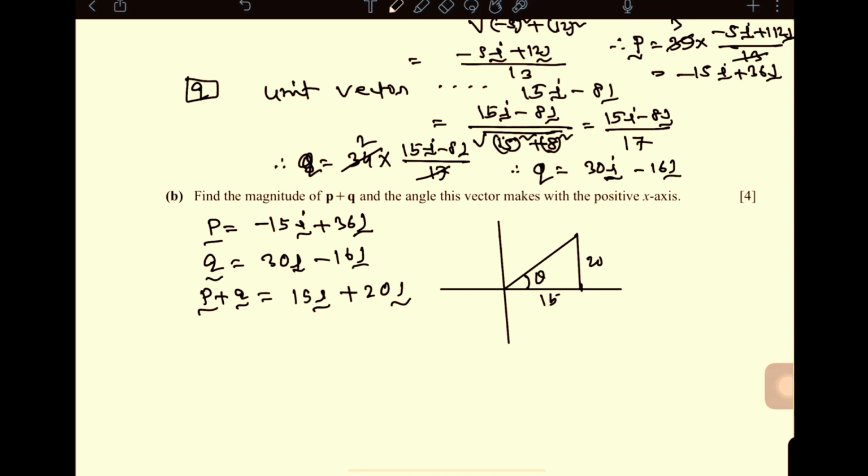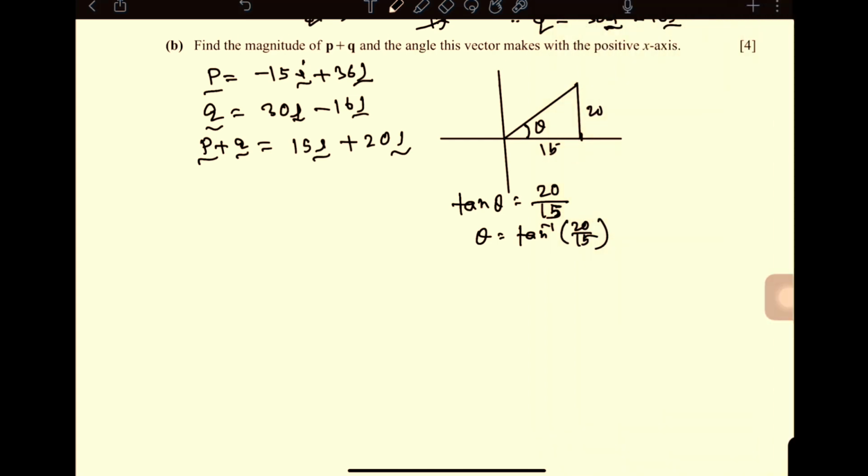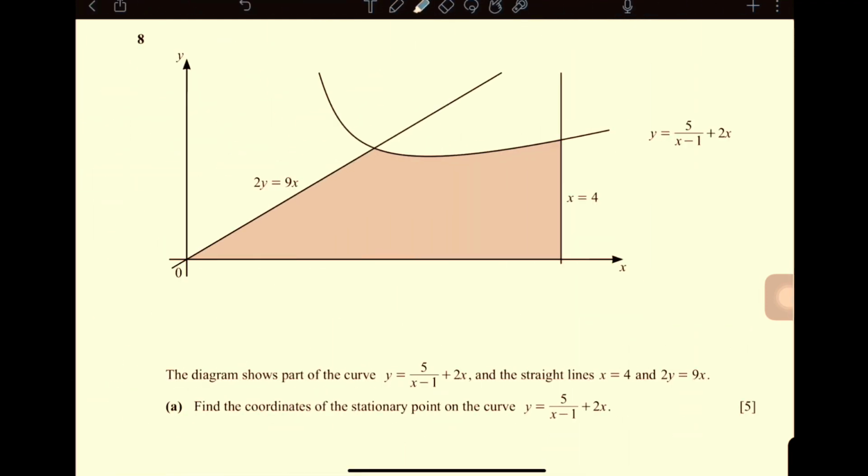So this is theta. So we can write tan theta equals 20 by 15. So theta equals tan inverse 20 by 15. So it is 53.1 degrees. This is question 8.